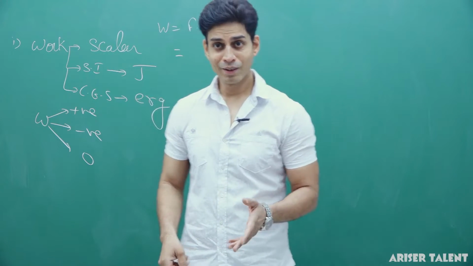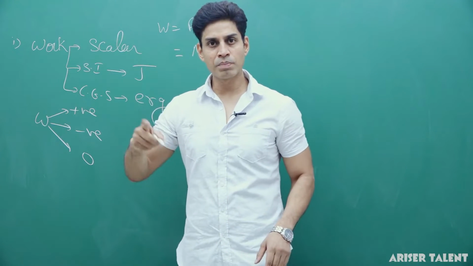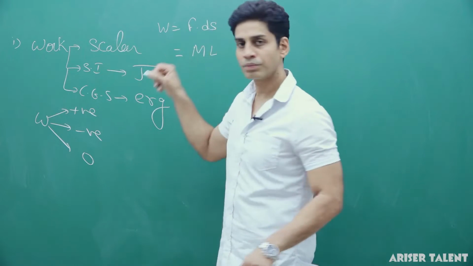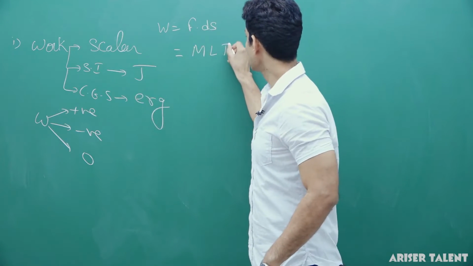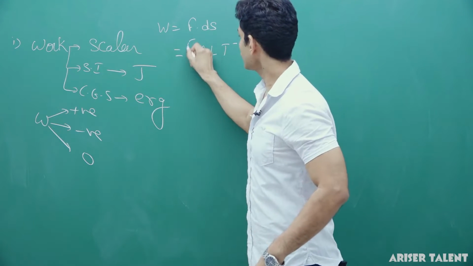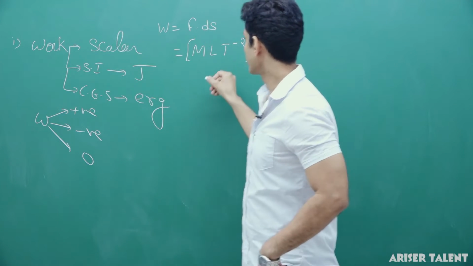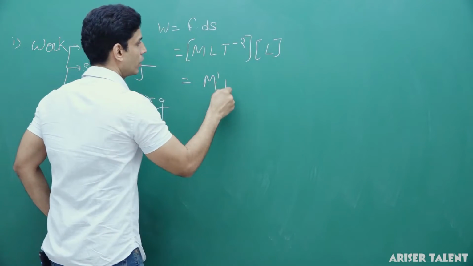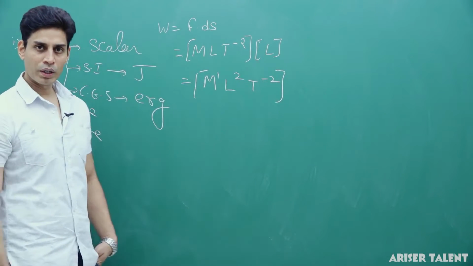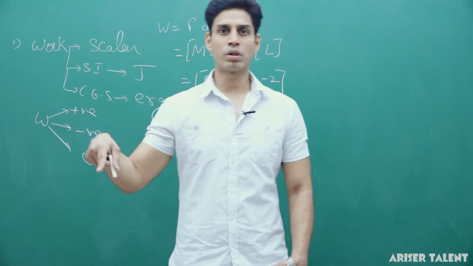So m is M. Acceleration is meter per second square. So for meter it is L, per second square is T minus 2. That is the dimensional formula of force. Displacement is L. So it comes out to be M1 L2 T minus 2. That's the dimensional formula of work. And in fact, by using the dimensional formula, you can convert this joule into erg also.